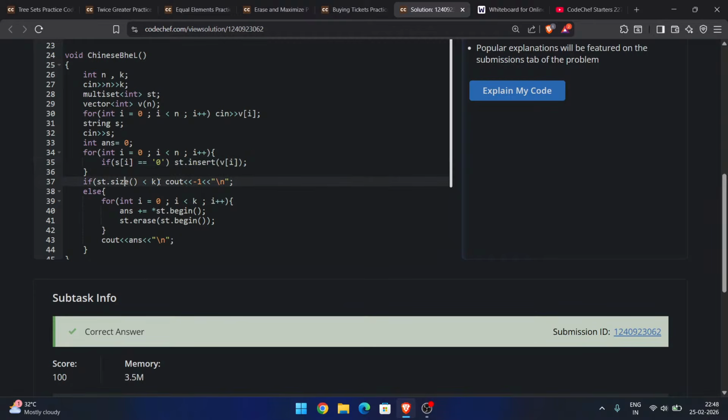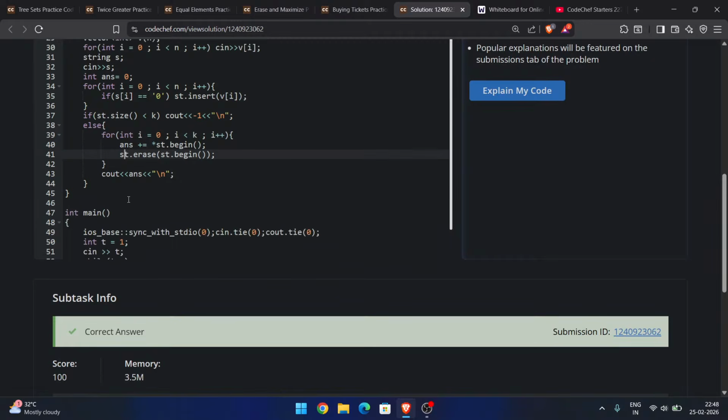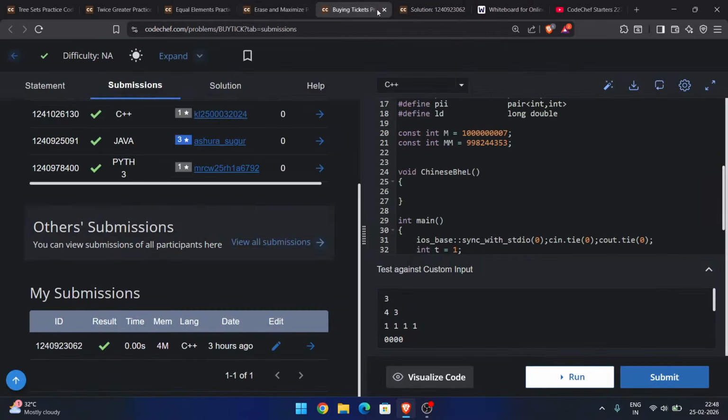If we can't buy K tickets, that is, if the available seats are less than K, then we simply output -1. If we can buy K tickets, we buy the smallest K tickets. So I'm picking the smallest price of everything available, and then erasing that price. So we are basically picking the least expensive K tickets. Okay, so that was question one.